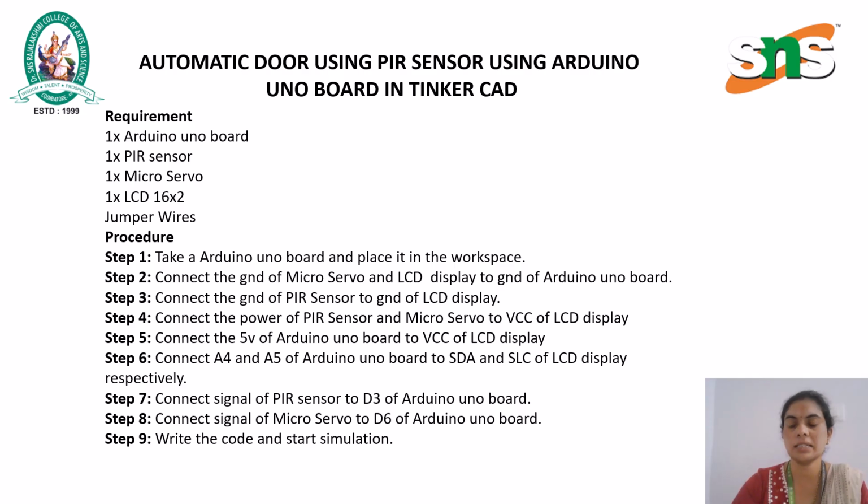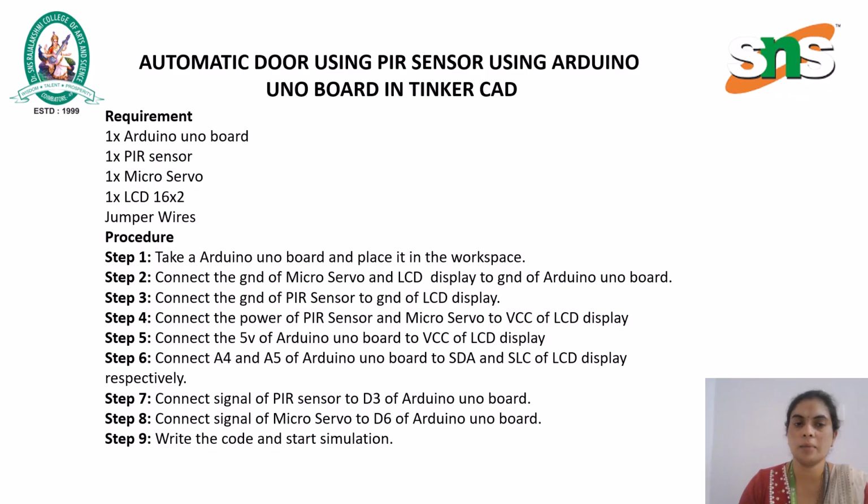Additionally, we can add a buzzer that produces the sound of an alarm when the door is opened. All this is done using jumping wires, by connecting the signal of the PIR sensor to D3 of the Arduino UNO.